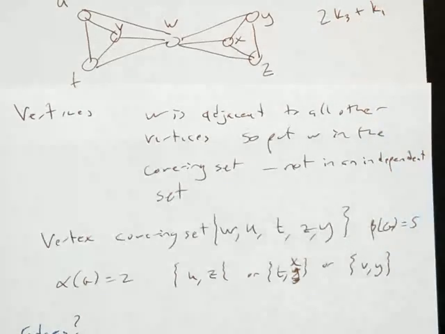In K3, how many edges should I use? Floor of n over 2. So I should get 1 from the triangle over there on the left, 1 from the triangle over here on the right. Can I get anything else?